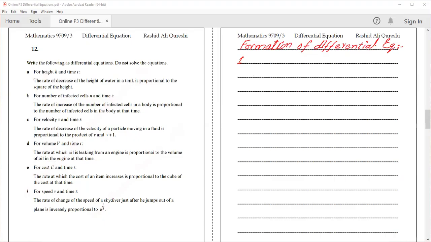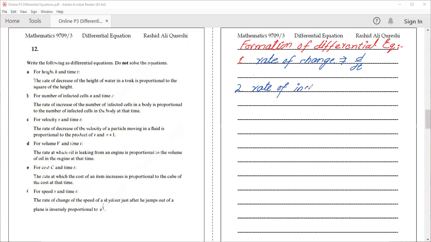The first one is whenever we have the word rate of change, this means you have to write d by dt. The second one is rate of increasing.